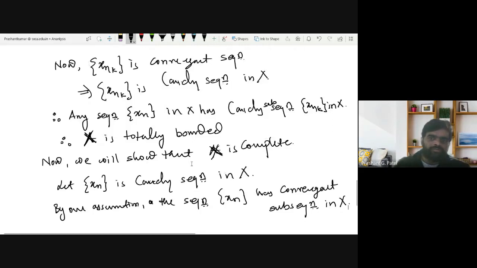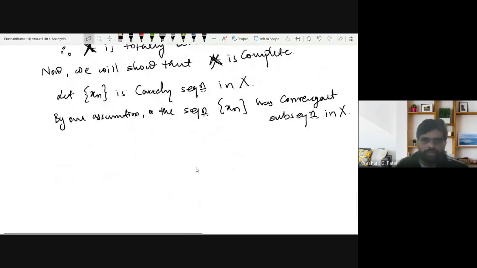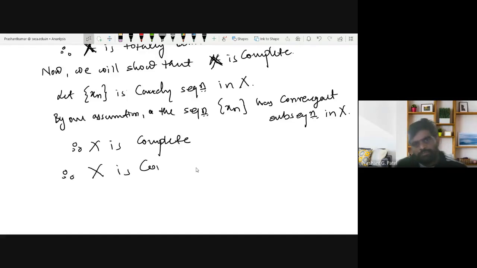That can be easily proved. This result we also did in the previous chapter, in unit number 1: a Cauchy sequence with a convergent subsequence converges. So therefore, this X is complete, and therefore X is compact.